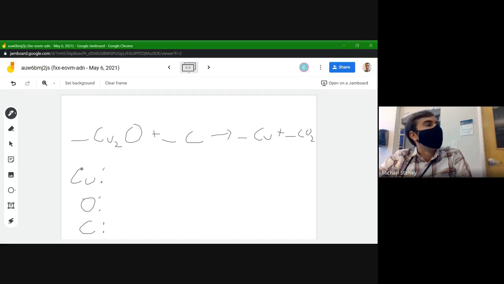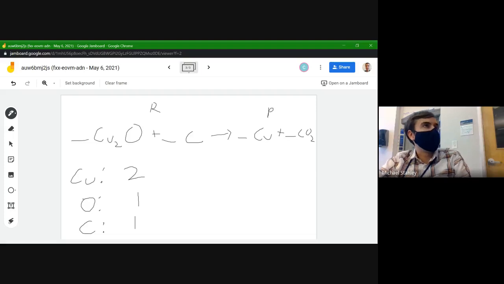So, how many Cus do we have on the reactant side? 2. Precisely. How many oxygens on the reactant side? 1. Precisely. And how many carbons? 1 as well. Exactly. What about on our product side?